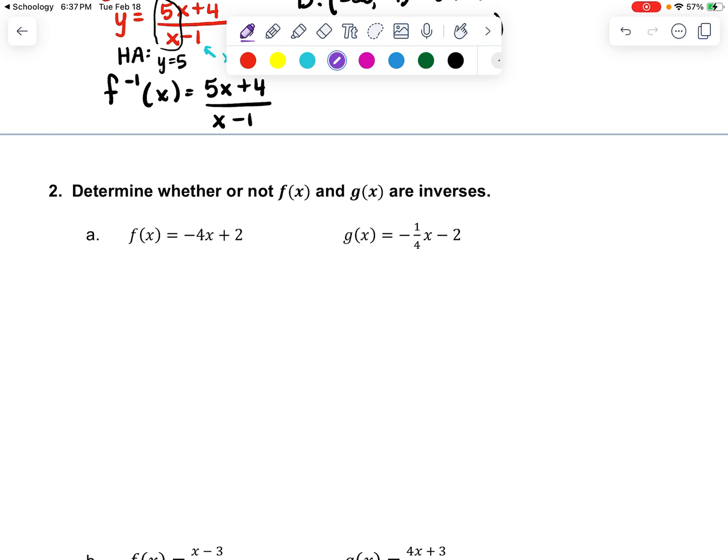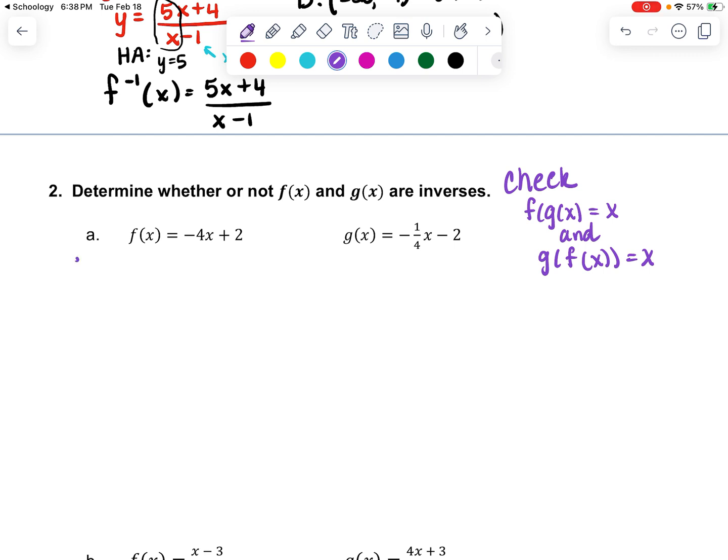Okay, we have to check if f of g of x equals x, and if g of f of x also equals x.